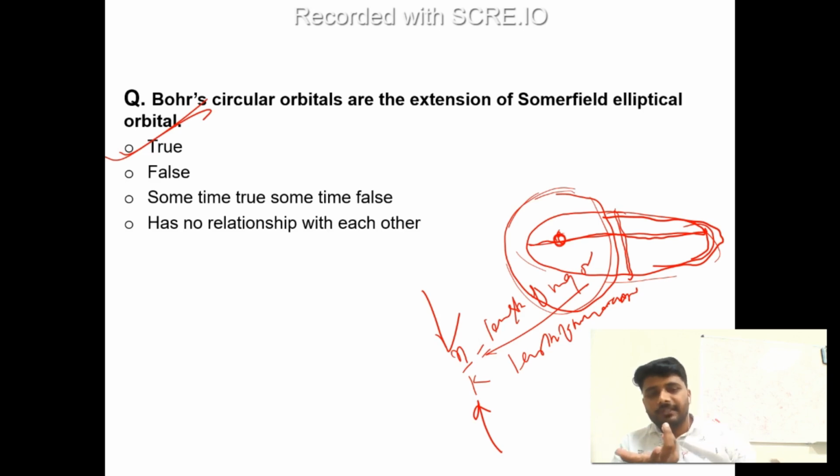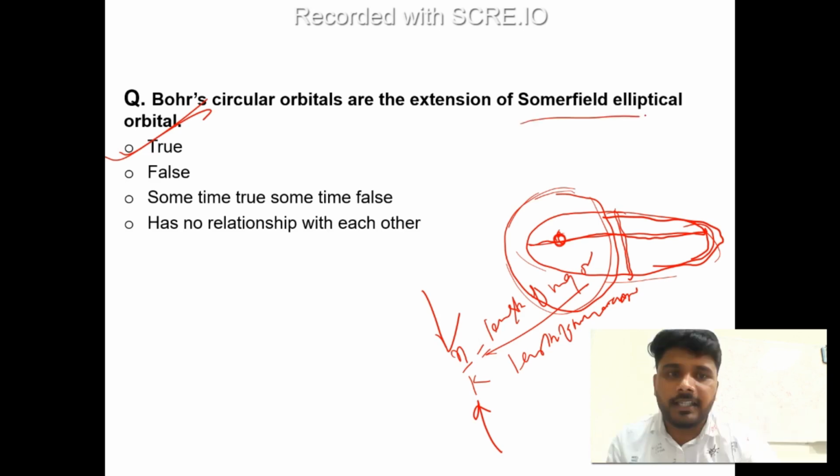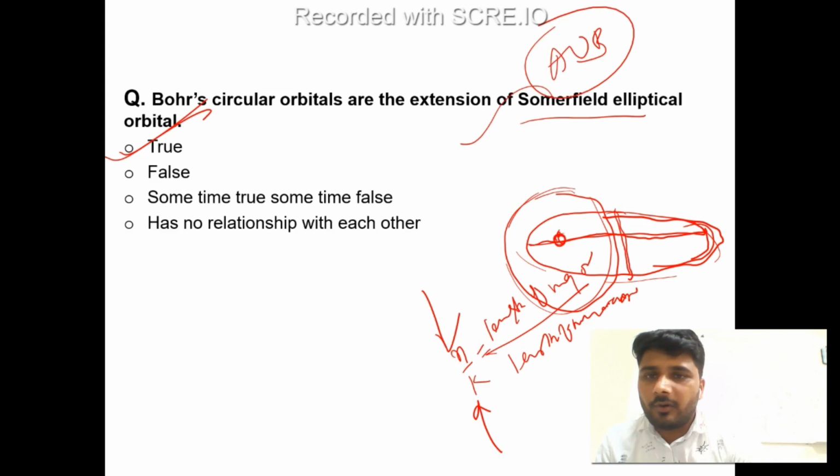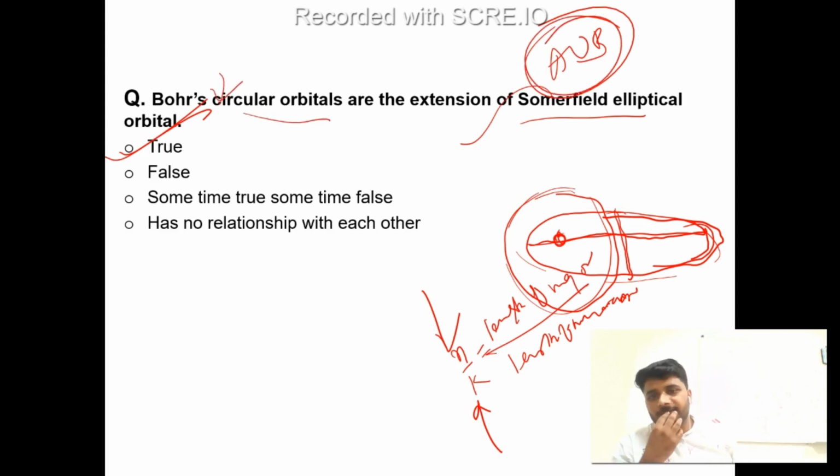So if I am saying Sommerfeld is a union, and the Bohr circular orbitals are the part of it, it will be always true. At which condition will it be false? I am saying only this statement, that Bohr circular orbitals are the extension. I am not saying that the atom will always follow Bohr's atomic theory instead of Sommerfeld elliptical theory.